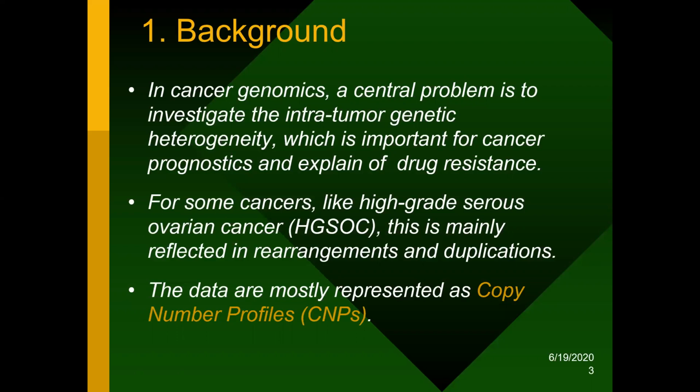Because the information changes so fast, sometimes daily, if not weekly, sequencing the genome itself is not that important anymore. So in that case, we typically consider what we call copy number profiles. Okay, so what is that?